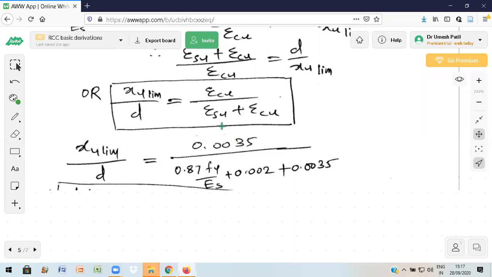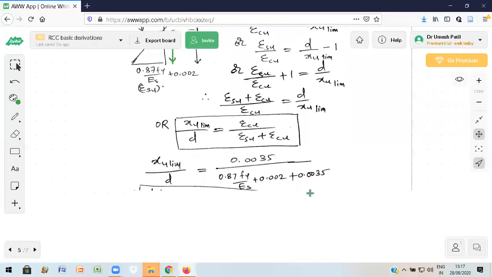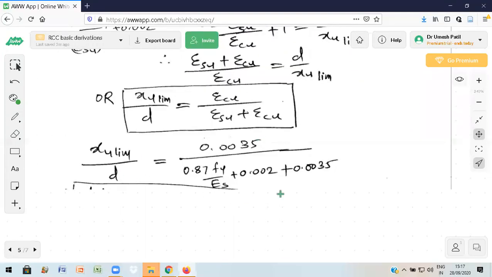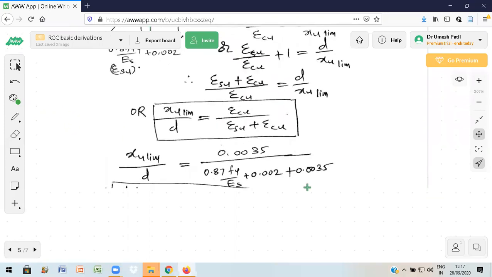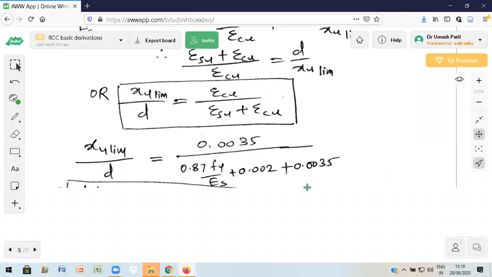This entire thing is ESU, plus again 0.0035 because ECU is there again here. This is what is called xu limit by d. Now from this I can find xu limit if d is given to me. That I'll show you in the problem. Try to remember this.